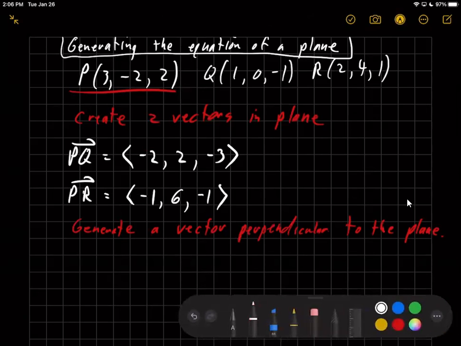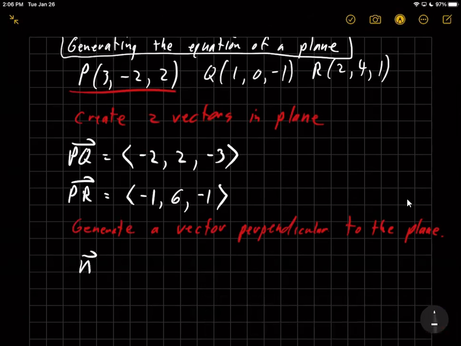Well, we're guaranteed the cross product of two vectors in the plane will be perpendicular to the plane. So a particular n vector could be found by crossing PQ into PR or PR into PQ. You'll just get the opposite answer. In the end, everything will work out the same way.